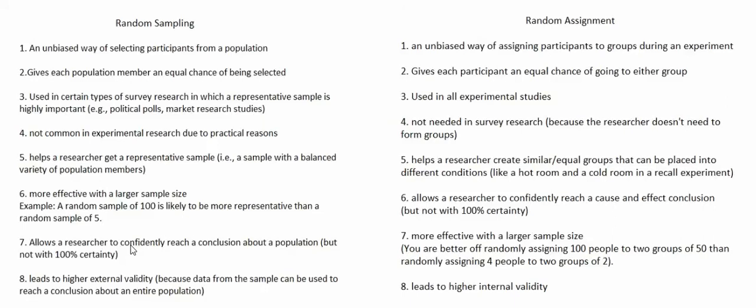Random assignment, on the other hand, allows a researcher to confidently reach a cause and effect conclusion, or a cause and effect inference, but not with 100% certainty. So notice how in random sampling and in random assignment, neither one has 100% certainty. Random sampling can fail from time to time, and random assignment can also fail to do its job from time to time. Because after all, random is random.